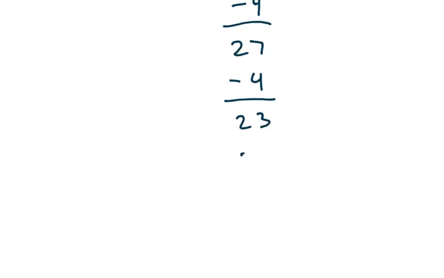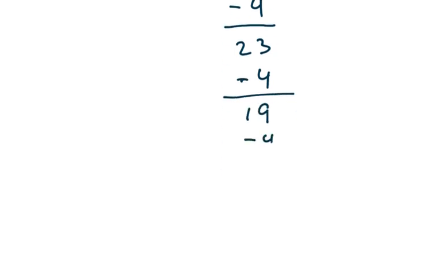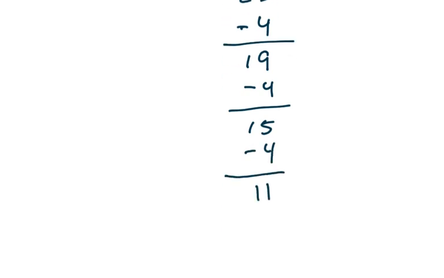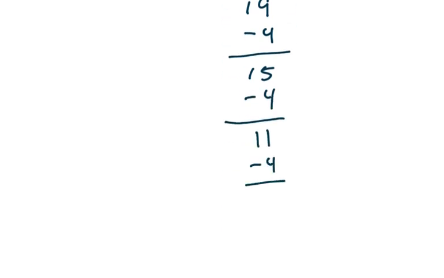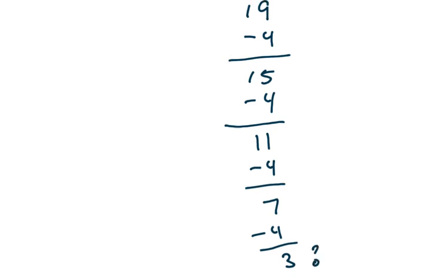I'll keep going until I run out of space, and then something interesting happens at the end, because it's not going to be another 4: if I subtract 4, I'll get past 0.